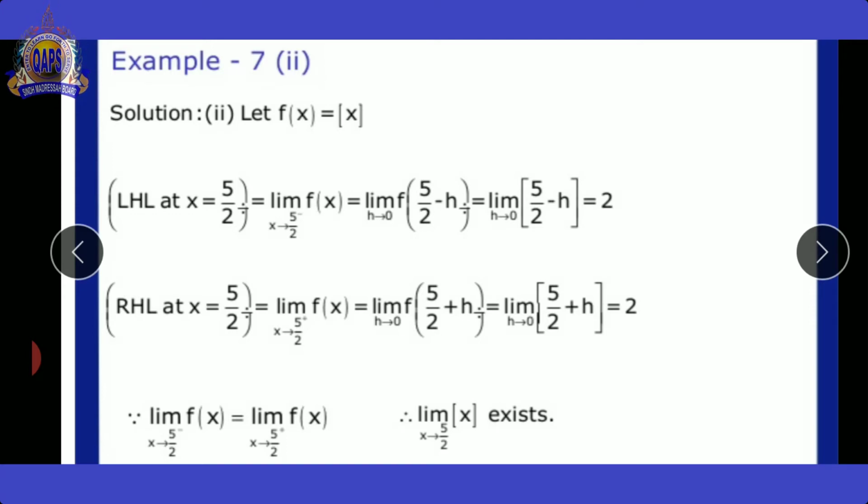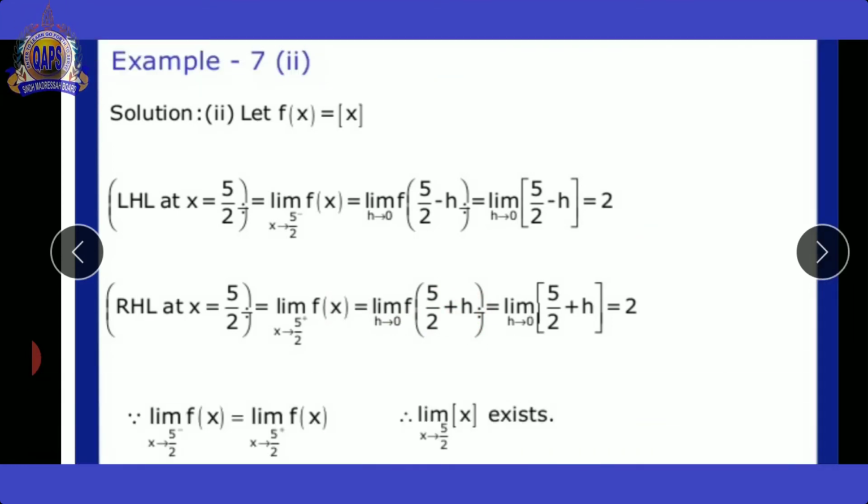Now same here, we can solve in the right hand limit. x approaches 5 upon 2 in division form. In the left hand side we subtract h from the given point, and here for the right hand limit we apply 5 upon 2 plus h in the place of x.